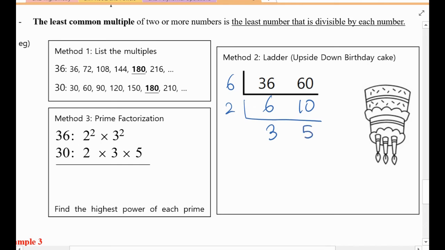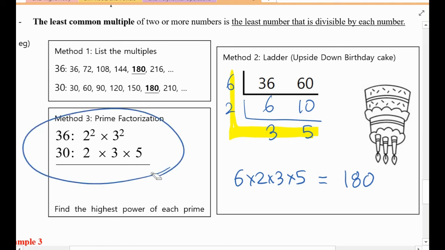After that, what we're going to do is we're going to draw L. Because it's LCM, we draw L. And we're going to multiply 6 times 2 times 3 times 5. Multiply it using your calculator, and you get 180. Okay?